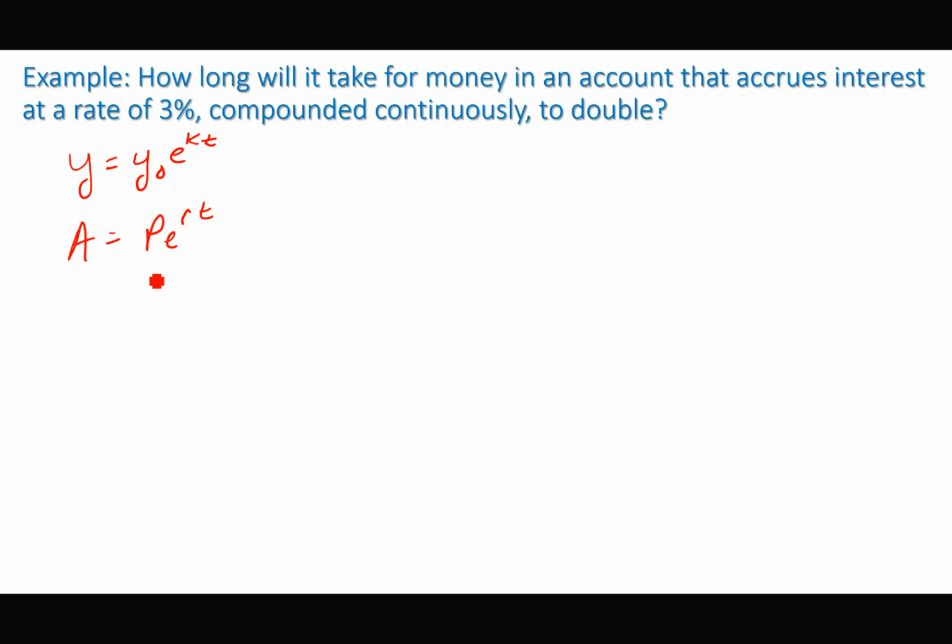Okay, so again, P is our starting amount. And so if I want to double that starting amount, I can say that it's going to be 2P, or 2 times P. So now I can say 2 times P equals P e raised to the rt. That final amount, I want it to be twice as much as what I started with, so I can write it just as 2P.